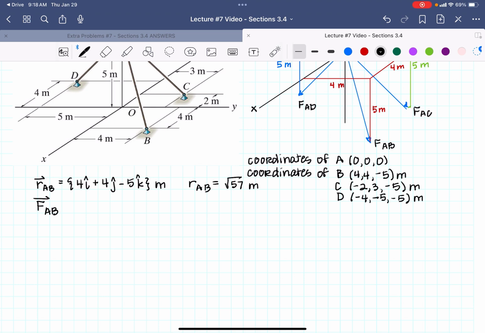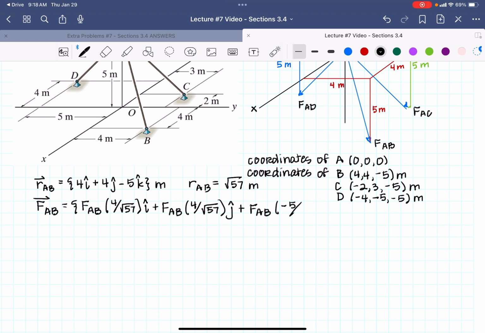My FAB is going to be making that into a unit vector. So I'm going to have the magnitude of FAB, which I don't know right now, so I'm just going to write the magnitude of FAB times 4 over the square root of 57 in the i hat direction plus magnitude of FAB times 4 over the square root of 57 in the j hat direction plus FAB times negative 5.